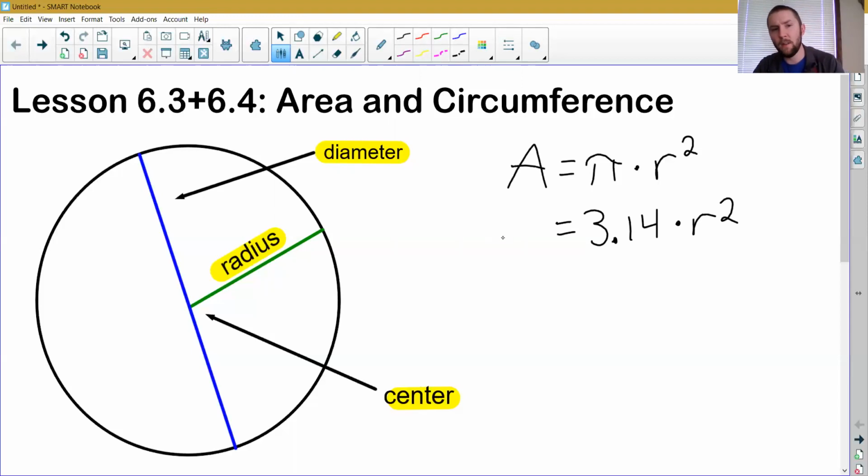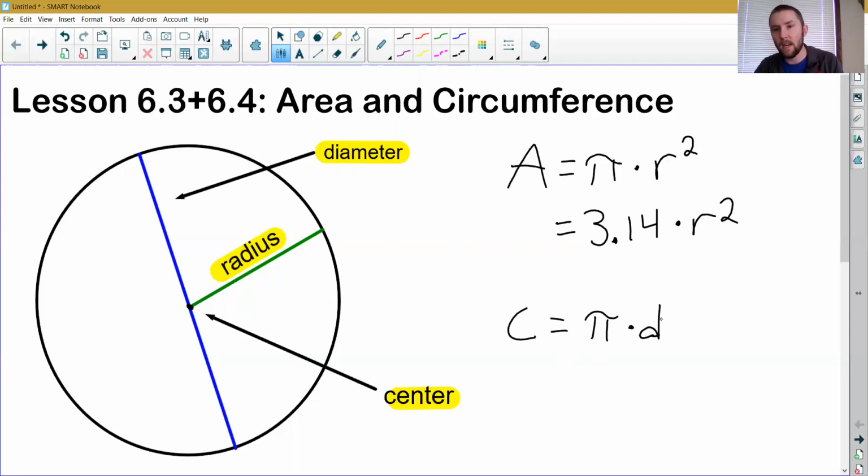Now, to find the circumference of a circle, which I will call C, by the way, somehow my center disappeared. To find the circumference, we still need the number pi, and there's two different ways we can find the circumference. The general formulas, the way they're normally written, are pi times d, which stands for diameter.